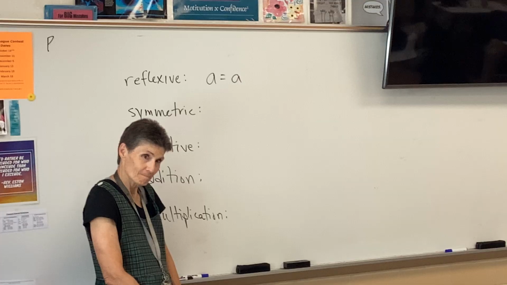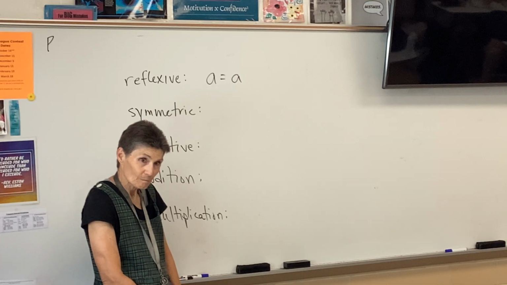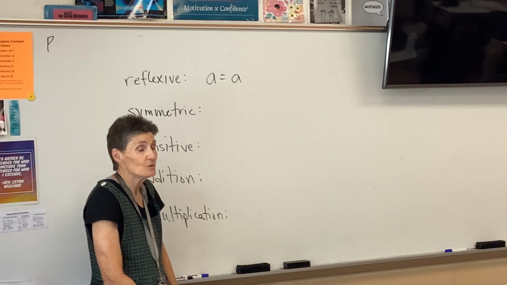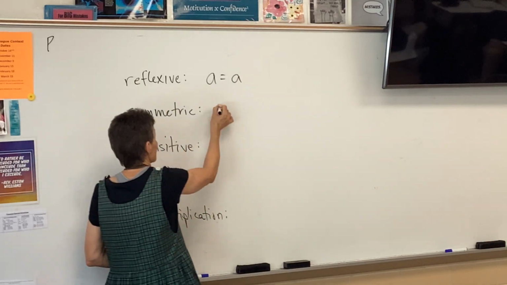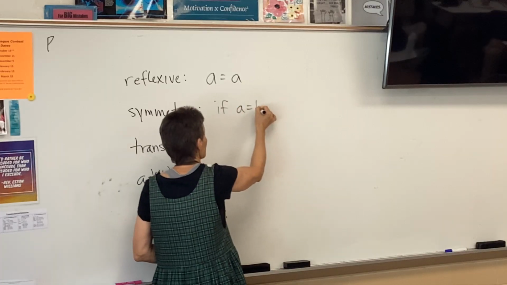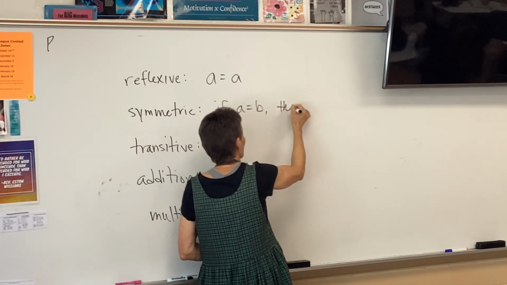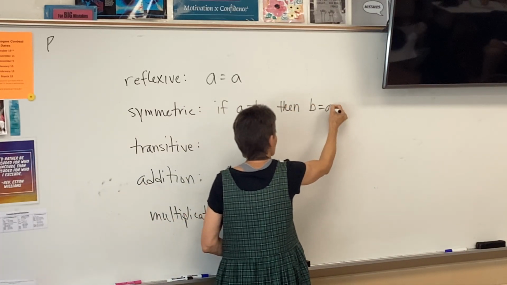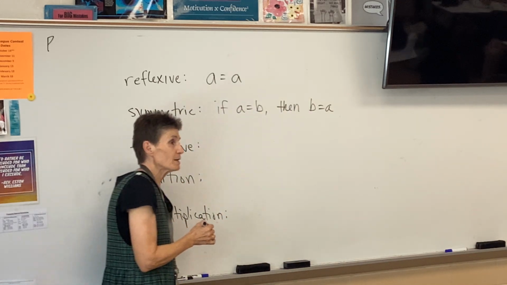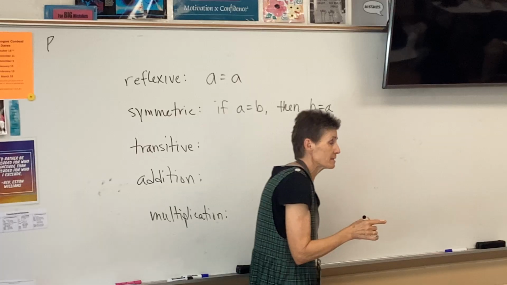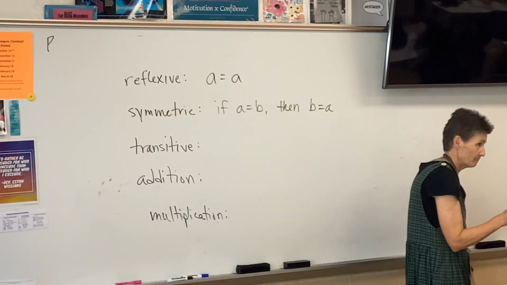Would symmetric be like... No, but it involves 2 variables. Symmetric says if A equals B, then B equals A. Symmetric is different than commutative.